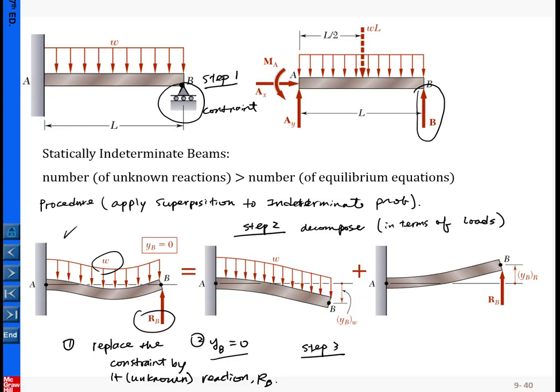So step 3, you calculate the corresponding displacement for the individual systems, for example yB for subsystem 1, that is this one, and for this one yB is due to R here. This yB is downward, and let me say, for example, the sign convention.